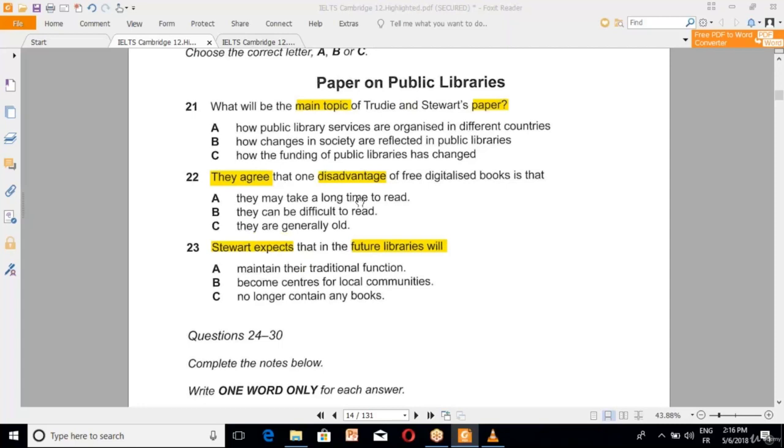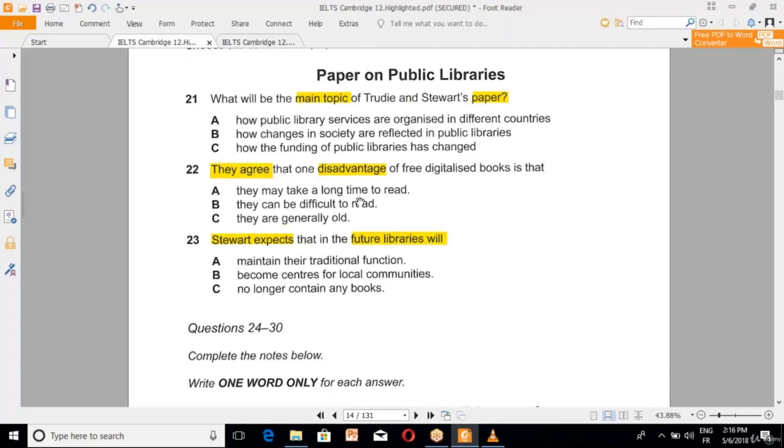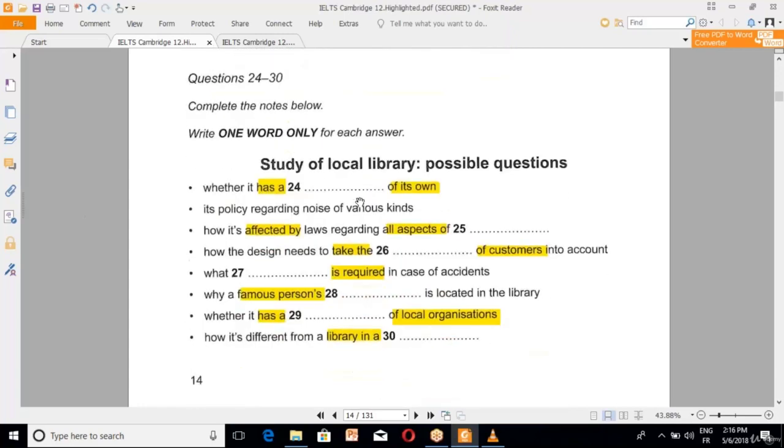Before you hear the rest of the discussion, you have some time to look at questions 24 to 30.